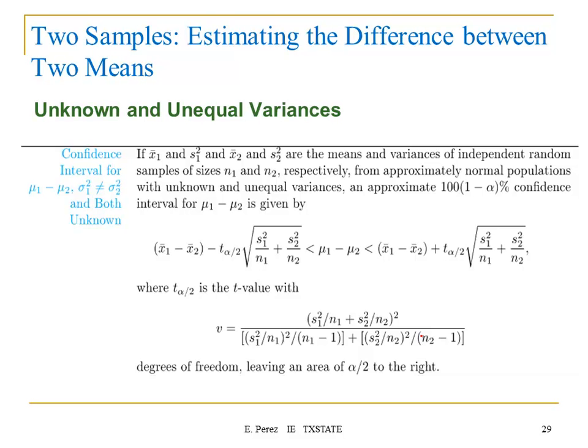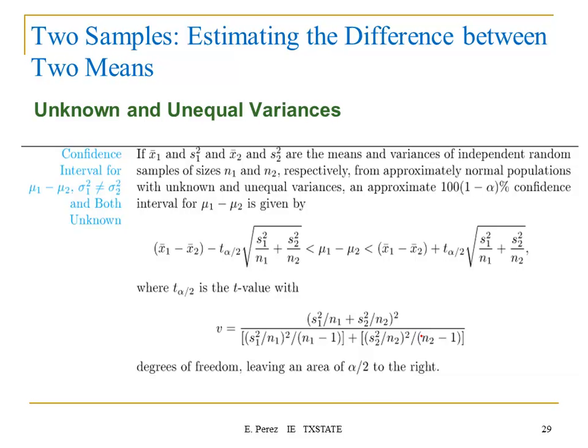So this is the case in which you have the confidence interval for the same case, but you don't know the values of the variances of the population, and you know that those variances are different.